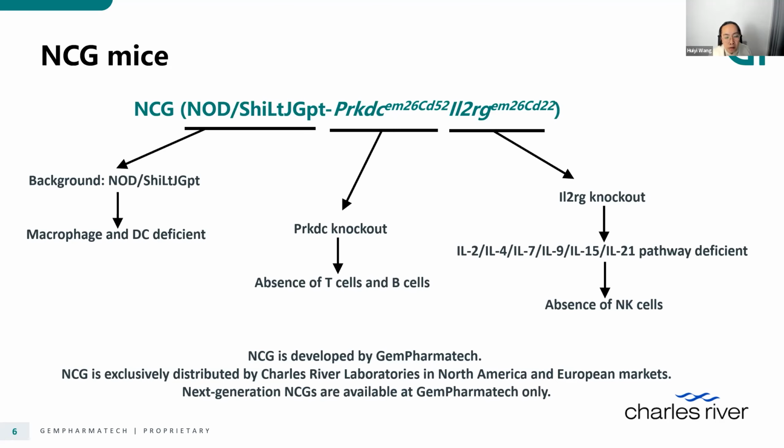And IL2RG is the common gamma chain receptor for IL2, IL4, IL7, IL9, IL15, and IL21. So when we delete the IL2RG gene, it means we block these cytokine ligand pathways, and it leads to the absence of NK cells.